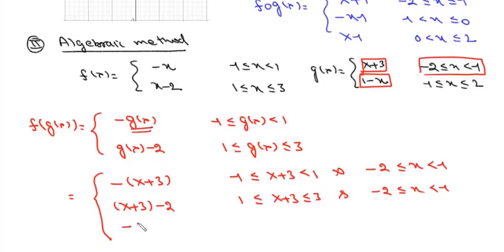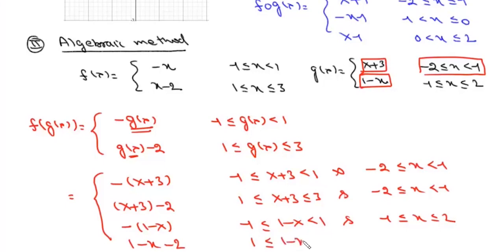So it will be minus of 1 minus x, when 1 minus x is less than 1, and here the condition is that the value of x must lie between minus 1 and 2. And then this definition will go into the second part. So it will be 1 minus x minus 2 when 1 is less than 1 minus x less than or equal to 3, and minus 1 is less than x less than or equal to 2.